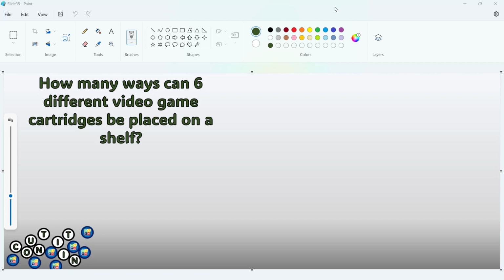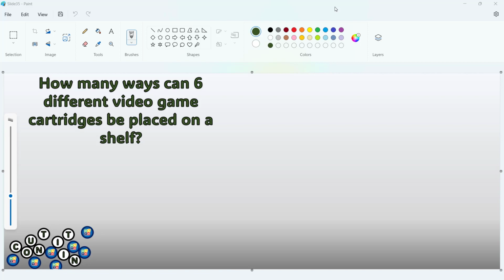This time, the concern is just how many ways we can place all 6 video game cartridges on a shelf. We are just simply placing them. So this is all about combination, because what makes this different from permutation is that for a combination, we do not concern too much with the arrangement.